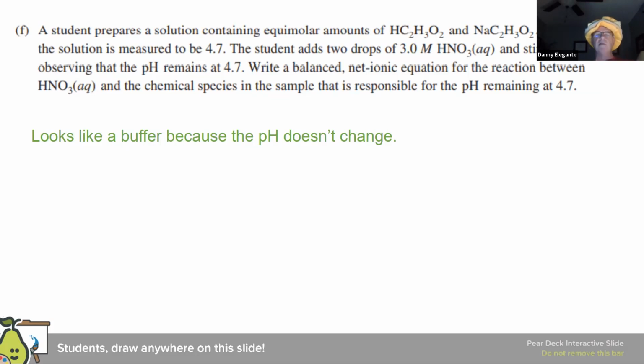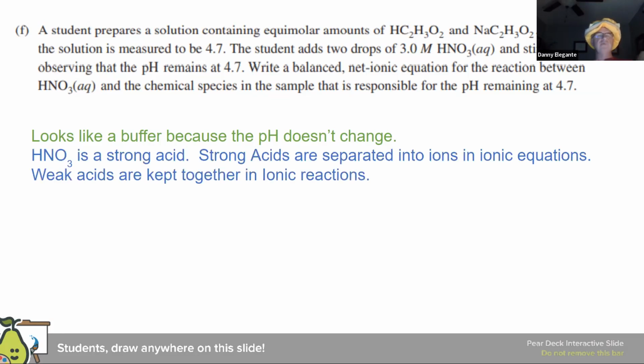All right, so let's think about this for a minute. HNO3 is a strong acid. How do you know it's a strong acid? Because it's one of your strong acids. You've got HCl, HBr, and HI, strong acids. And then you've got a couple like nitric, this one, HNO3, H2SO4, also very strong, perchloric and chloric, strong acids.